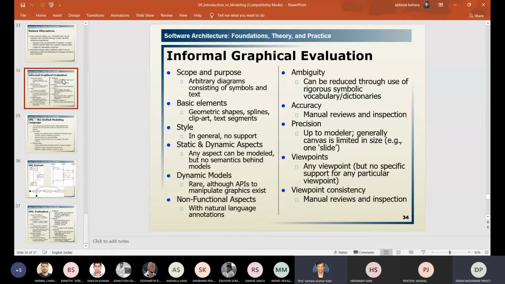Generally, the canvas is limited in size, which means we have only a single slide; how much we can extend it is up to the modeler. Then viewpoints: any viewpoint, but no specific support for any particular viewpoint. Then viewpoint consistency: manual reviews and inspections.